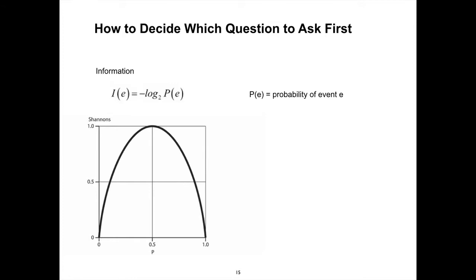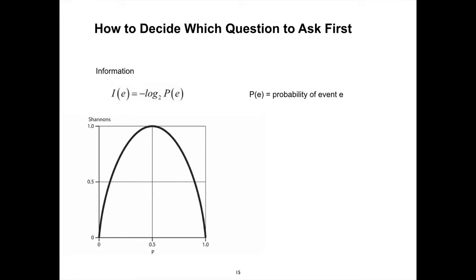So with that definition of information, if the probability of an event occurring is 0, then the information is 0. I mean, if it can't occur, to know that it doesn't occur doesn't tell us anything. The same thing if the probability is 1, right? Then it's always going to occur, so knowing that it occurs doesn't tell us anything because it's always going to happen. There's no information there, right?